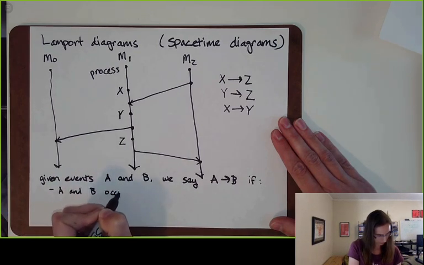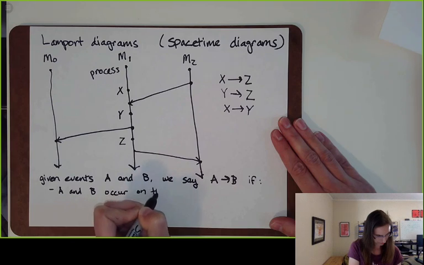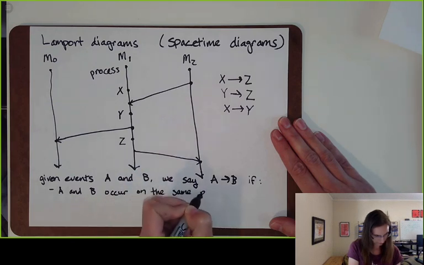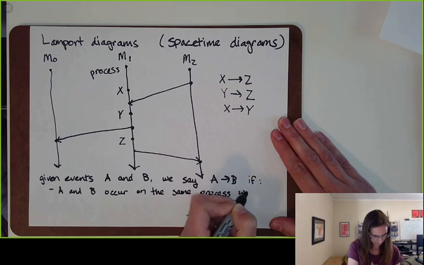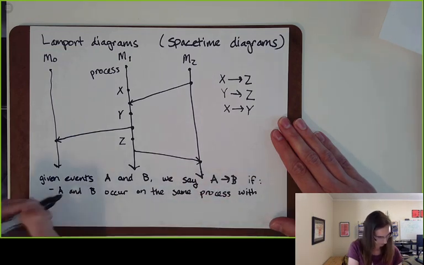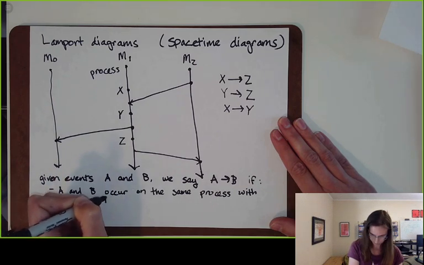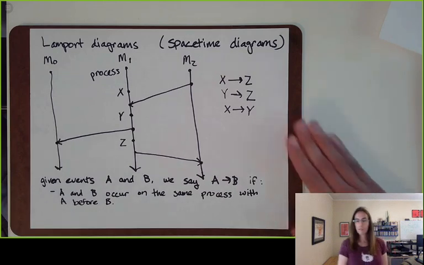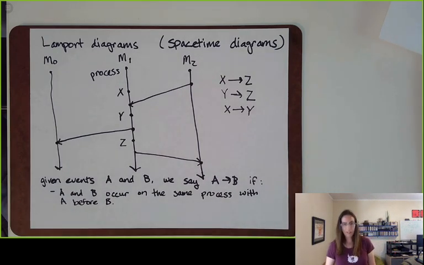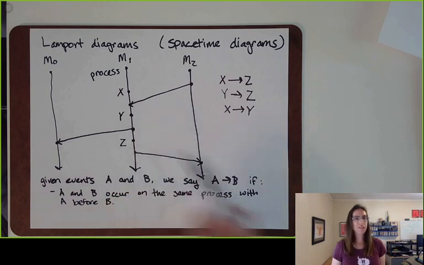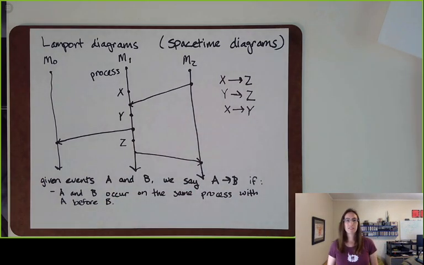So if A and B occur on the same process line, there's more. Anybody want to try to guess the next part of the definition? I'll give you a hint. It has to do with these messages being sent and received.